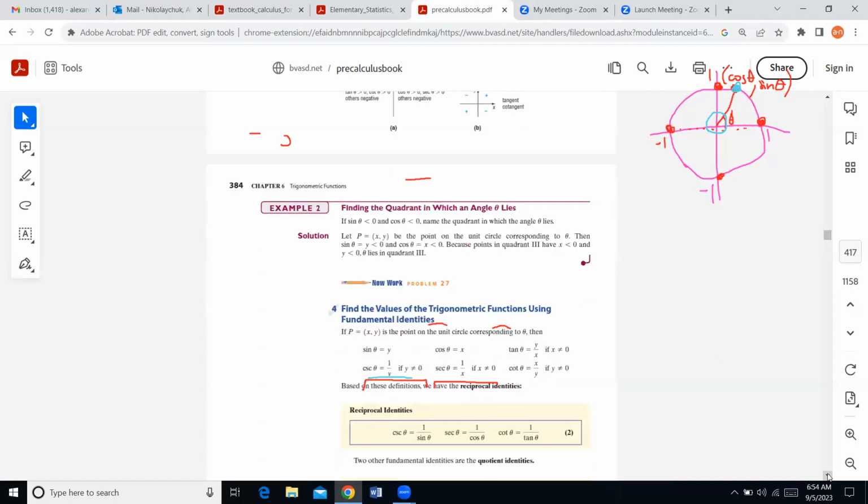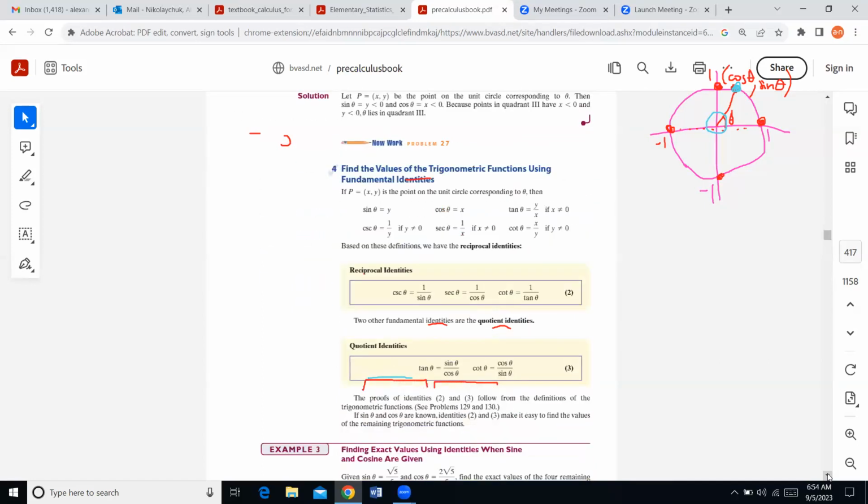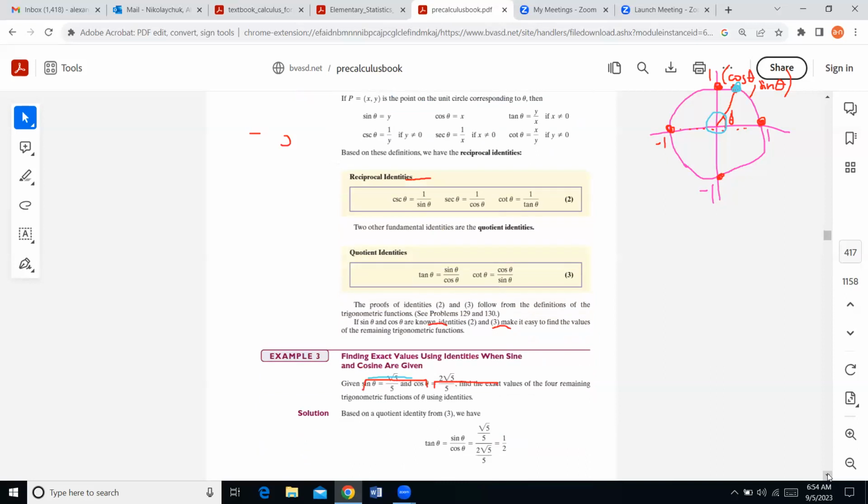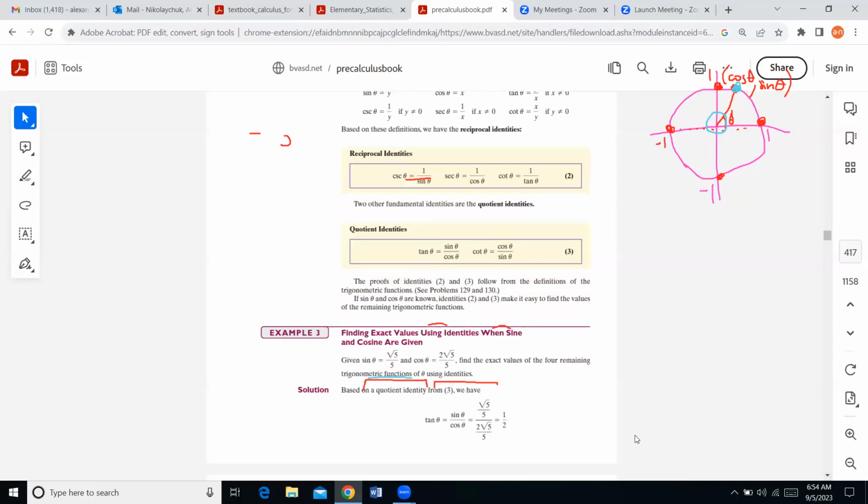So there are identities that we already saw here. They're in these gold boxes that we are hopefully familiar with. So definitions of cosecant and secant, using the fact they're reciprocals of sine as well as cosine. And also, once you know tangent, the reciprocal of tangent will be cotangent.